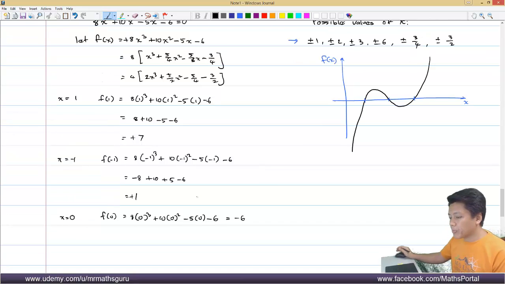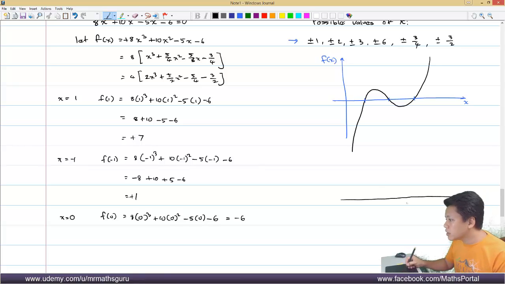Okay, now let's take a look. x equal to 0 gives a negative value, and x equal to minus 1 is positive. Let me just draw a simple chart. 0, minus 1, and 1. At x equal to minus 1, the curve is lying somewhere here.